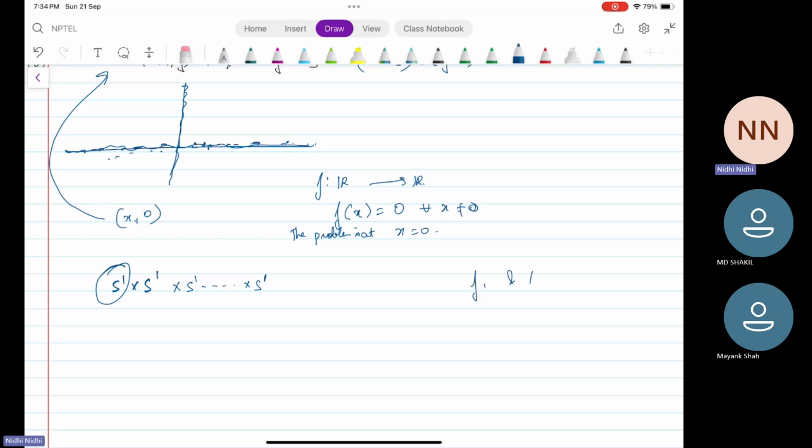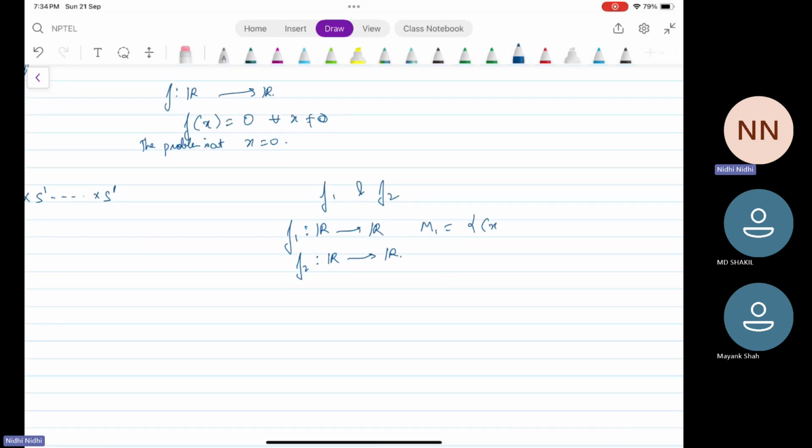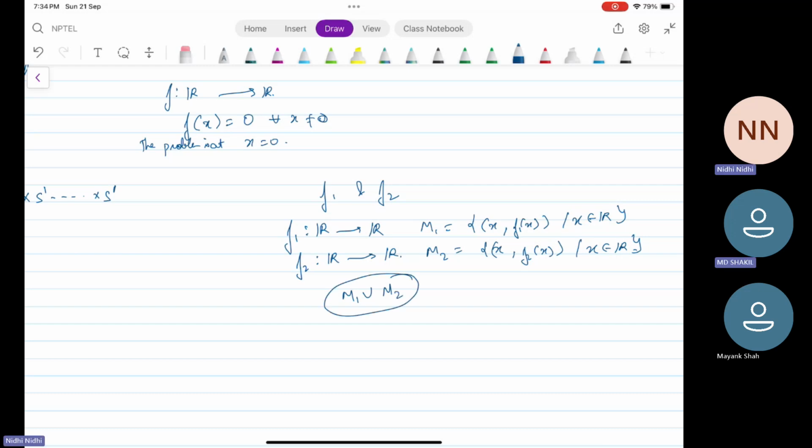Suppose they are from R to R, and suppose M1 is the graph of f1, which is just the set of points (x, f1(x)), x in R. Then M2 is the set of points (x, f2(x)), x in R. Next, you want to take the union of M1 and M2 and see whether this will form a manifold or not.